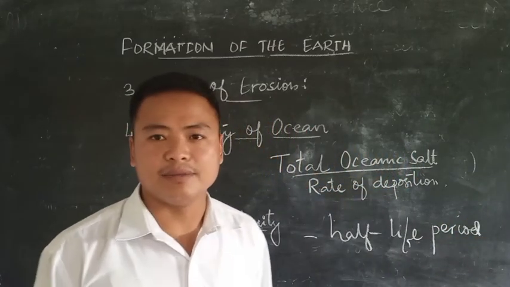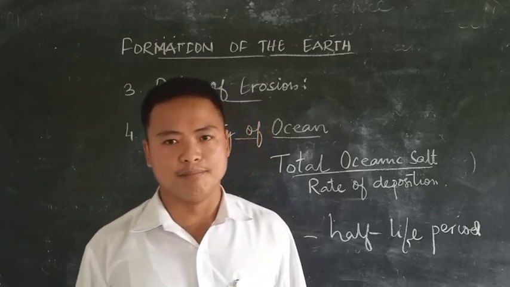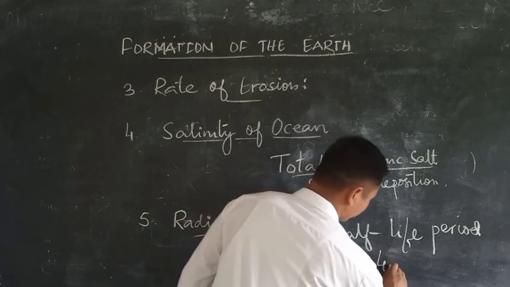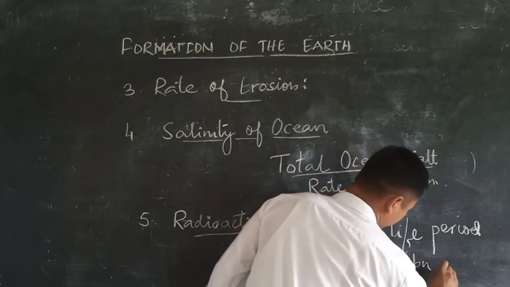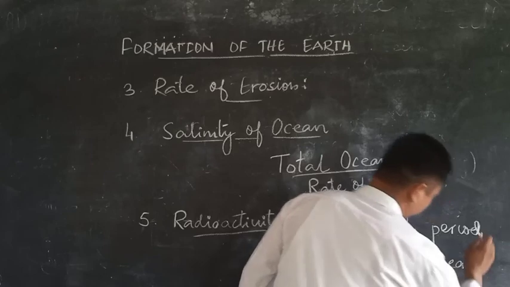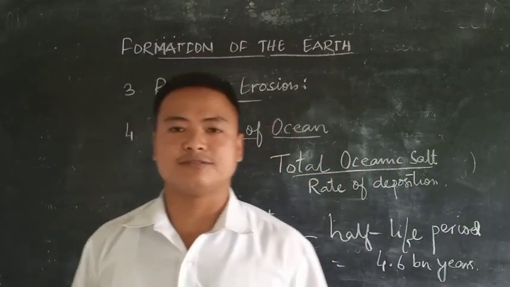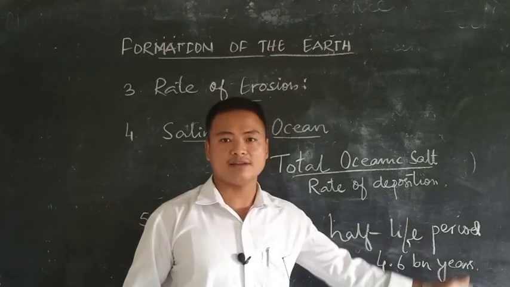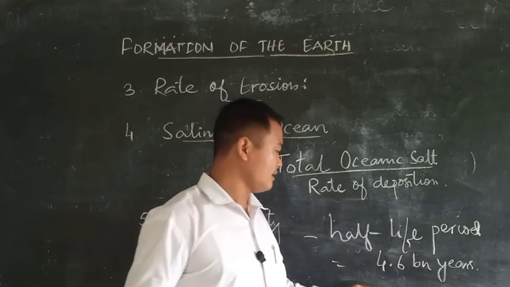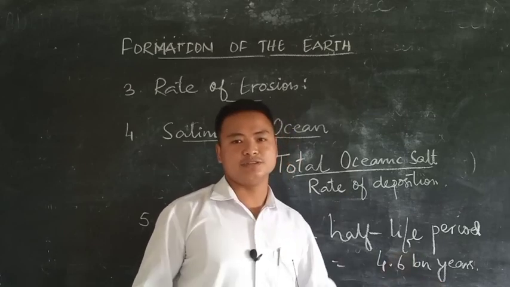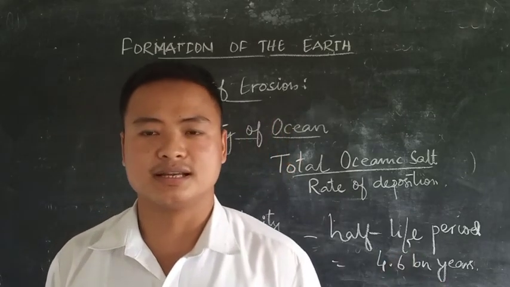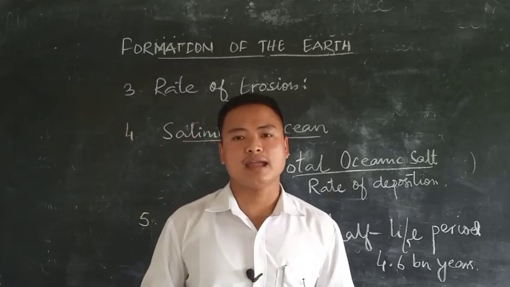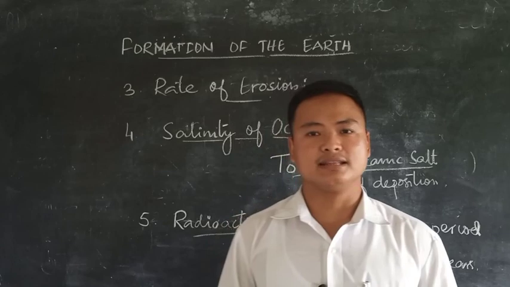For the radioactive elements to lose half of their amount as per the half-life period, it takes about 4.6 billion years. So if we consider radioactive elements like uranium and thorium to be half disintegrated by now, then on that basis, the age of the earth becomes 4.6 billion years, that is approximately 5 billion years. So this is how radioactive elements too help us in understanding the age of the earth.